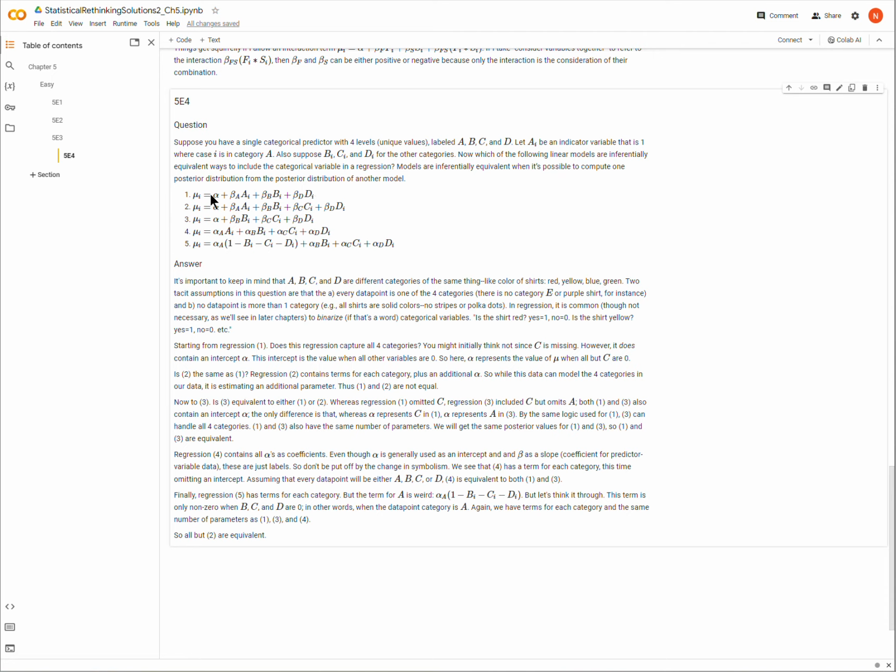So what we were asked to do is to look through these 5 different regressions and say which ones are equivalent. Okay, and what does it mean for two regressions to be equivalent, right?